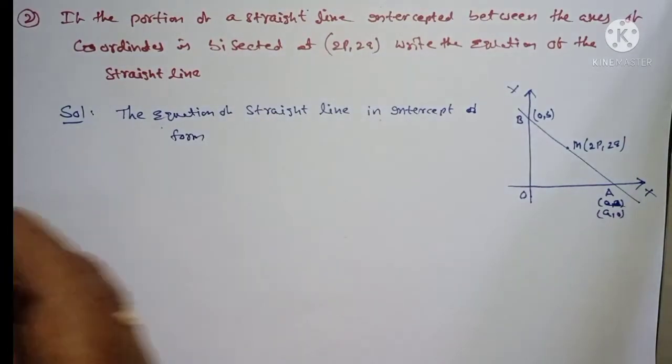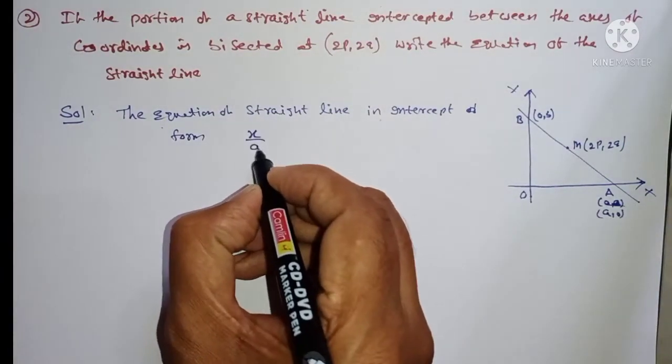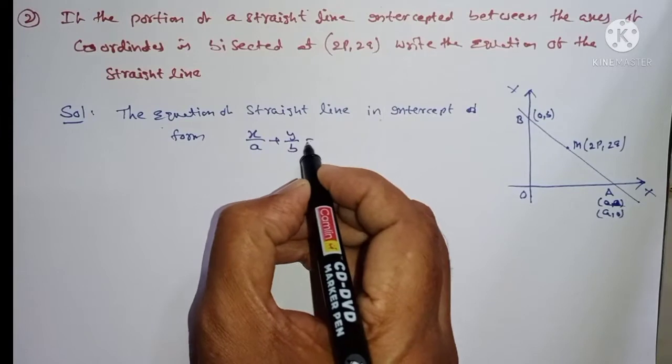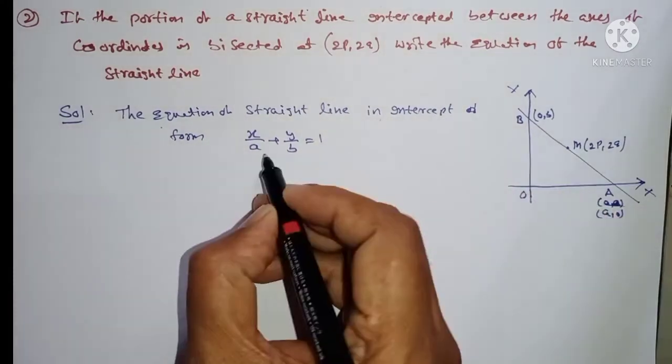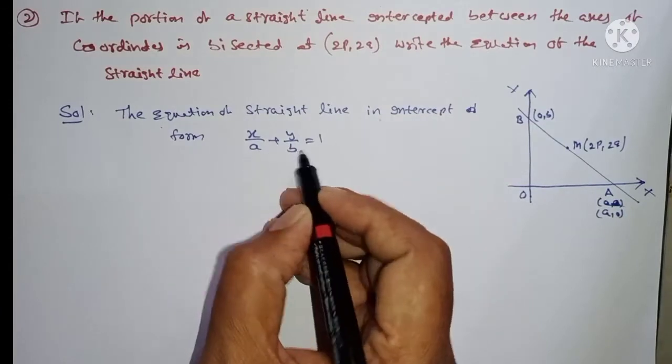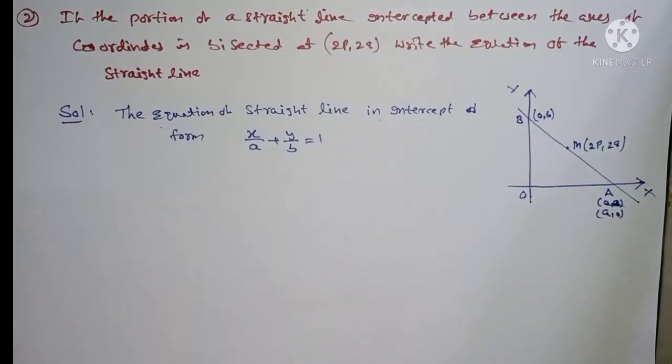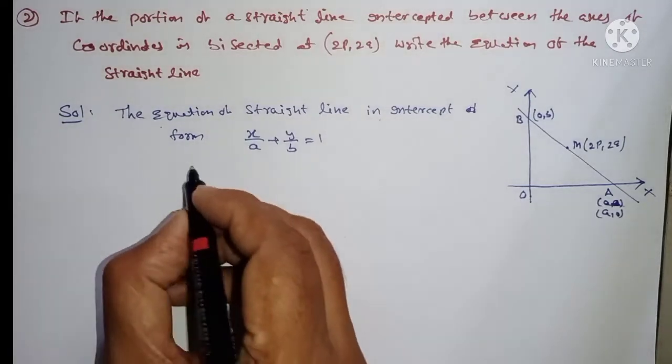How can I write the intercept form? It means x by a plus y by b is equal to 1. Again observe here, it is given. You can find here a and b and substitute.